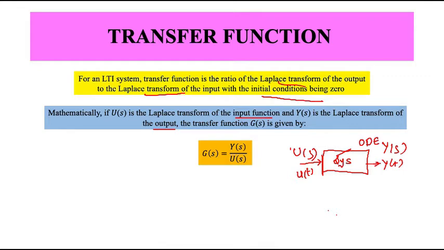Given the transfer function and the input U(s), the response of the system, or the output, is simply the multiplication of G(s) and U(s). Recall that in the time domain we would actually have a convolution.